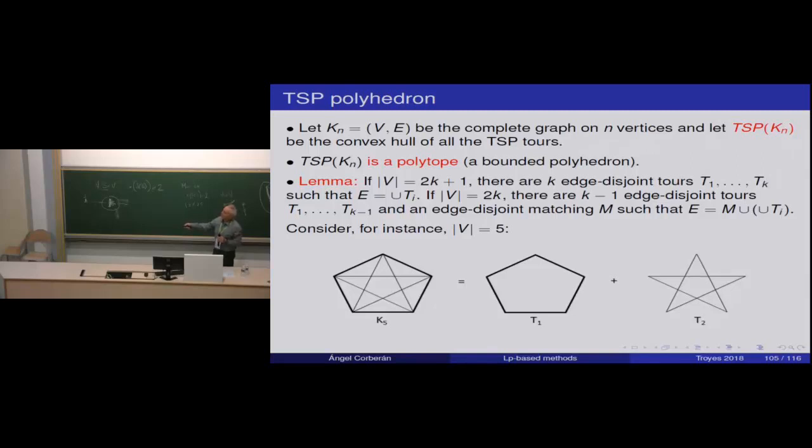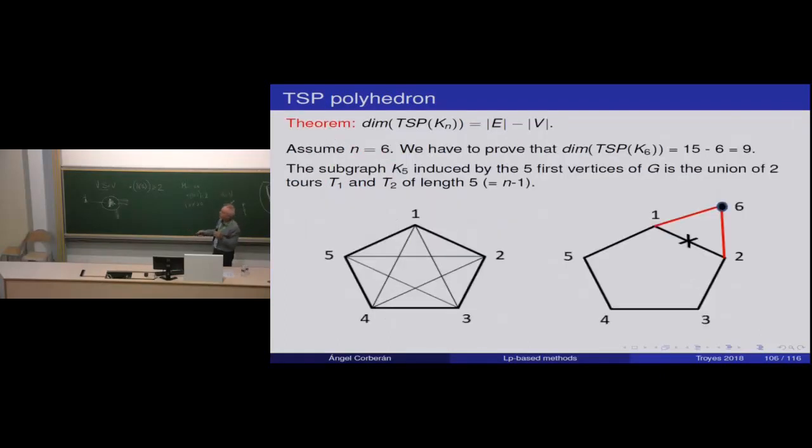The result says that if you have a graph with an odd number of vertices, then you can decompose the set of edges of your graph into several disjoint tours. For instance, let's suppose that your graph has 5 vertices. Then your complete graph can be decomposed into 2 tours, T1 and T2, that are disjoint, and together they produce your original graph.